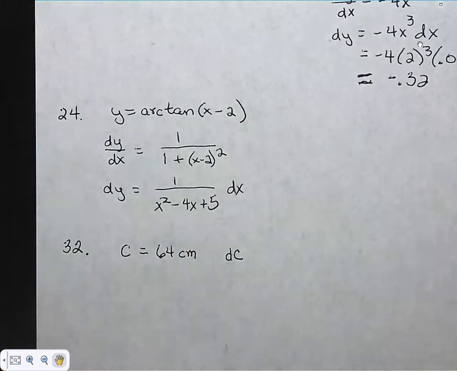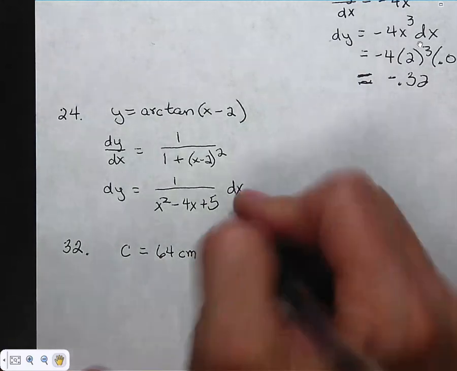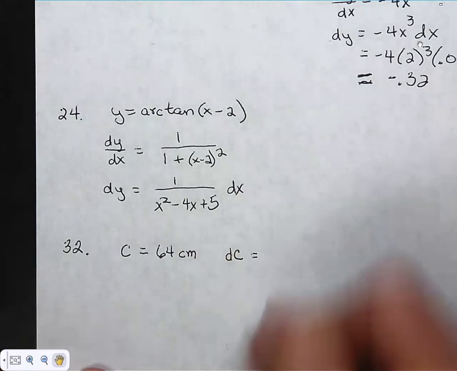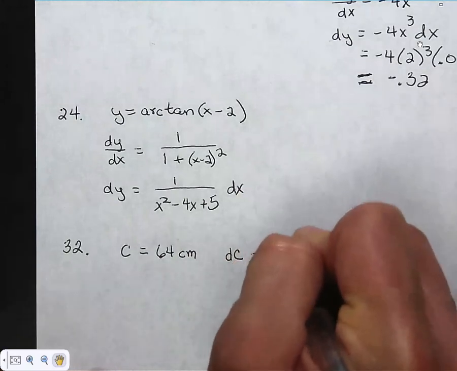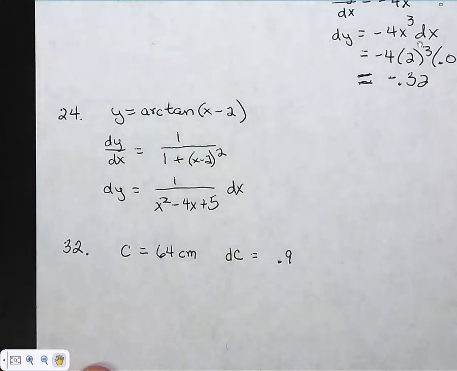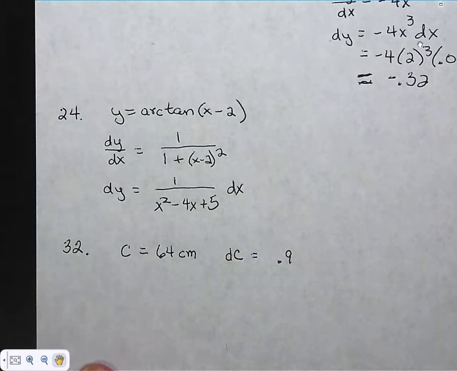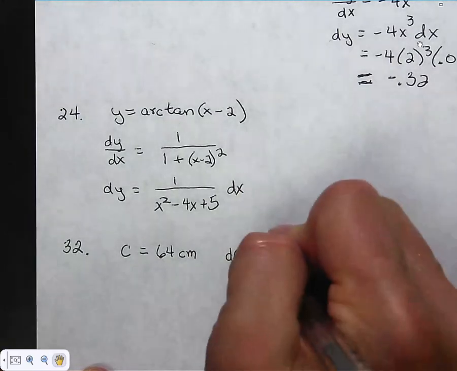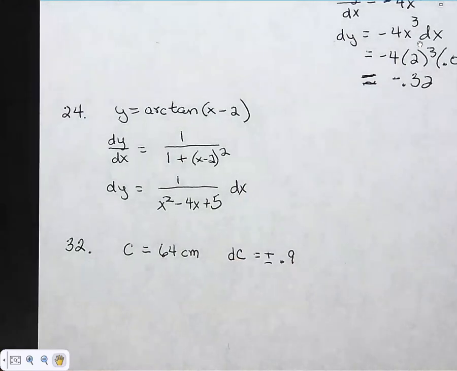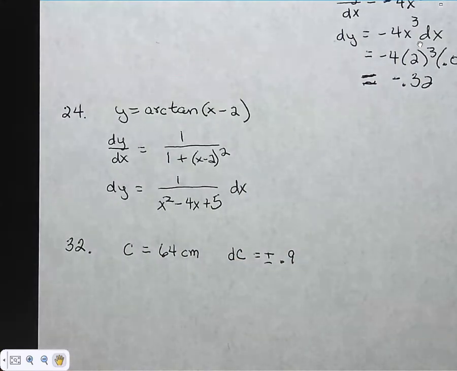The actual change in C may be as much as 0.9 centimeters. I may be 0.9 centimeters over, or 0.9 centimeters under. So we're going to write dC is 0.9. That means I'm sure that 64 centimeters is less than 1 whole centimeter off. It's somewhere between 64.9 and 63.1, actually.